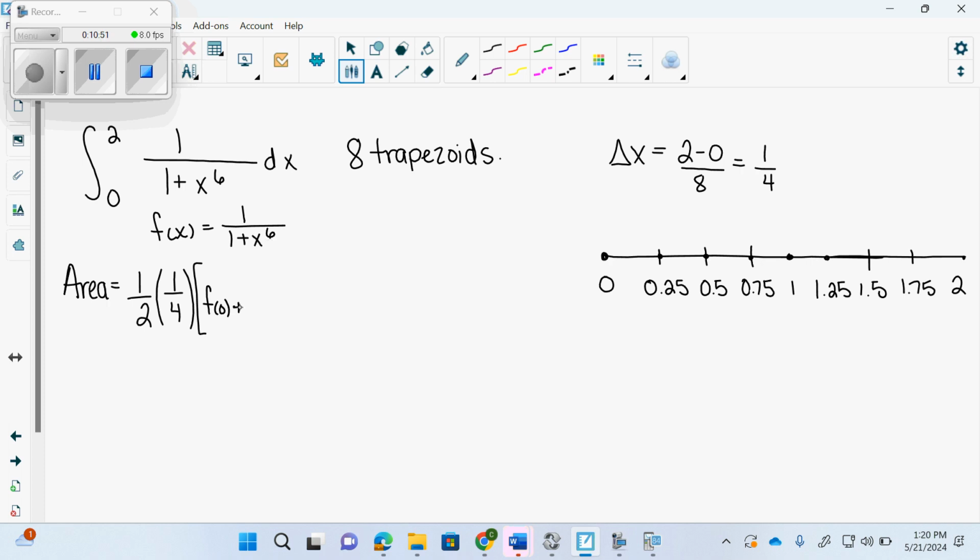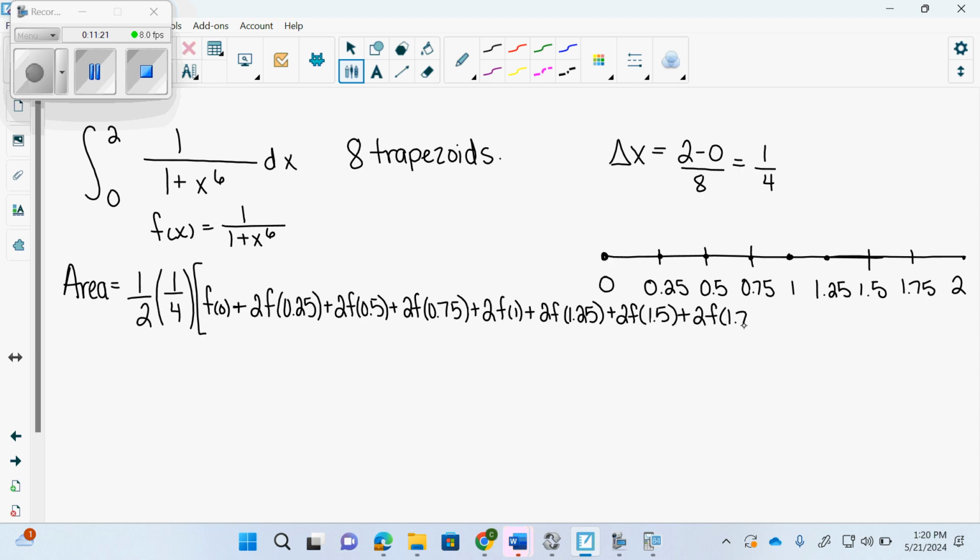So we have to do this. So f of 0 plus 2f of 0.25 plus 2f of 0.5 plus 2f of 0.75 plus 2f of 1 plus 2f of 1.25 plus 2f of 1.5 plus 2f of 1.75 plus f of 2.